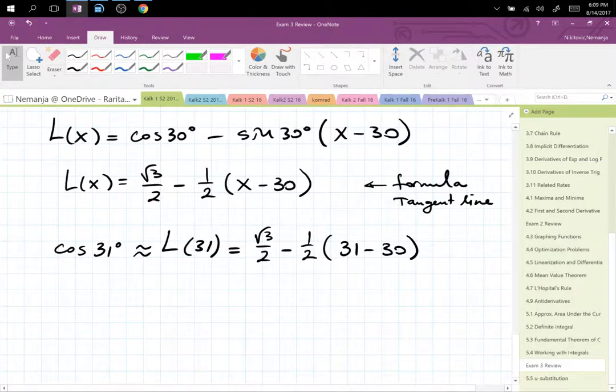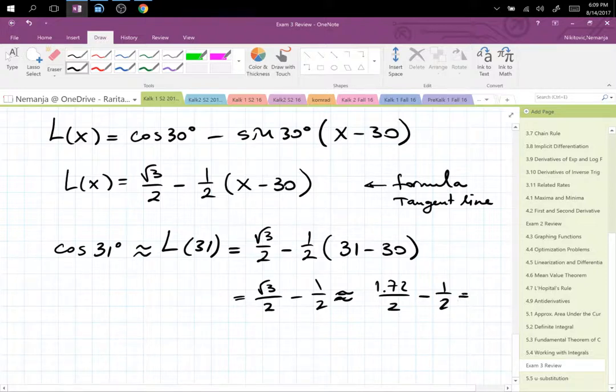So the whole thing is root 3 over 2 minus 1/2, which is approximately 1.72 over 2 minus 1 over 2, about 0.72 over 2, which is about 0.36.